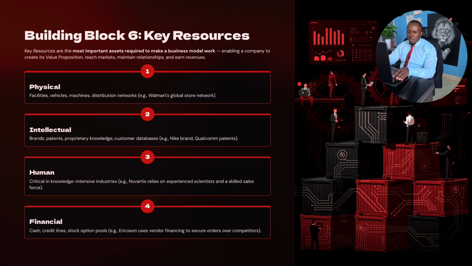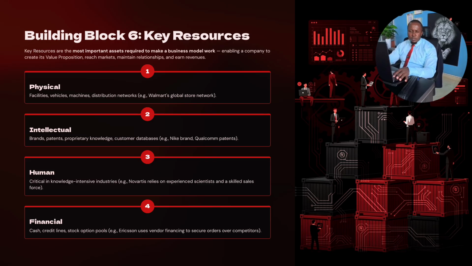The key resources can fall into these four main categories. The first category is physical. Now, these are facilities, vehicles, machines, distribution networks, and other additional physical or tangible resources which will be required by your business.